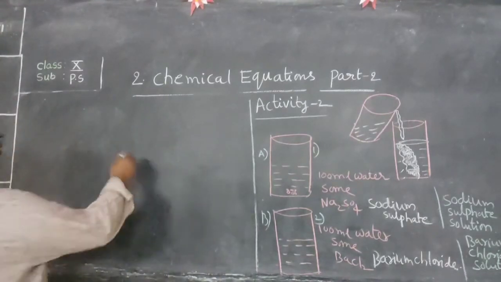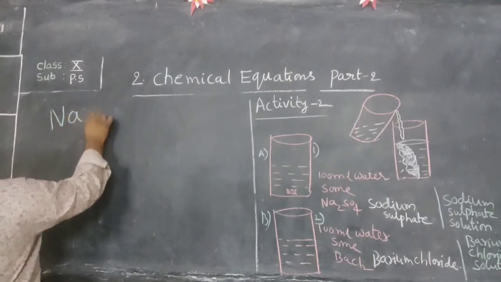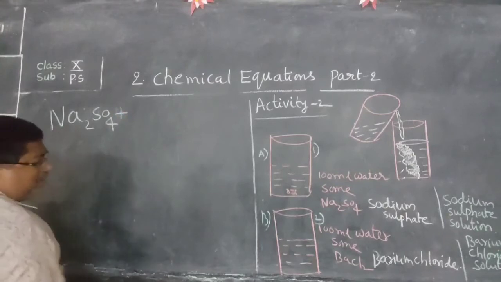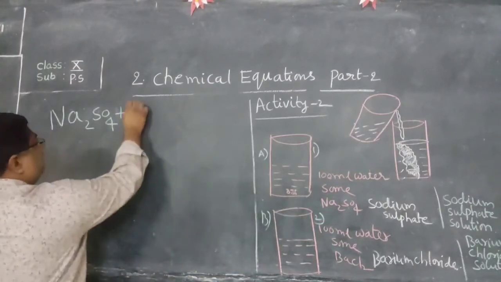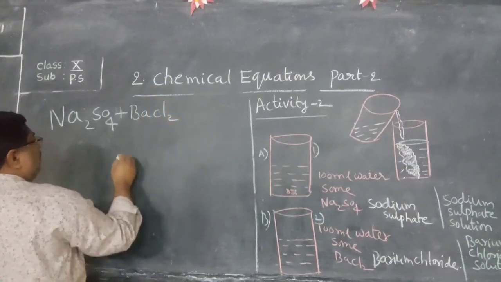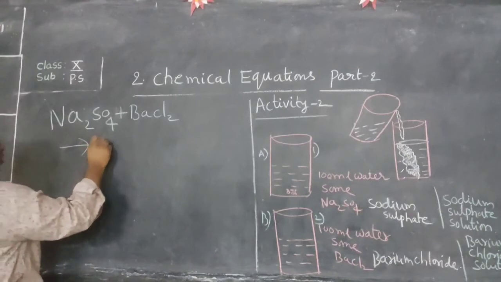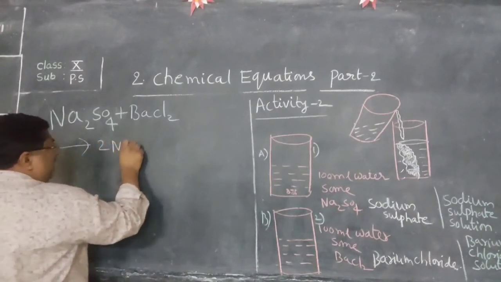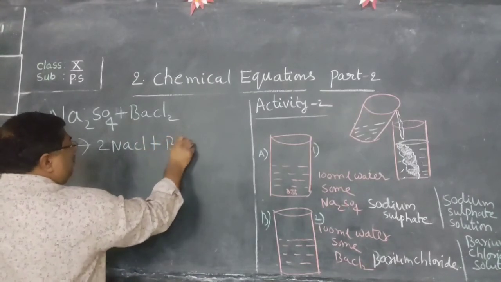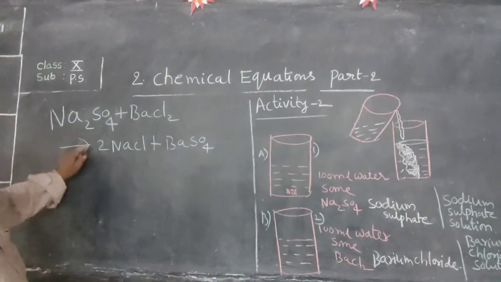Sodium sulfate, Na2SO4, plus barium chloride, BaCl2, gives rise to 2NaCl plus barium sulfate.